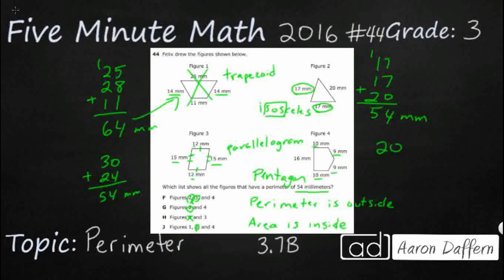Let's double up our 9s, we know that that's 18. We'll add that 16 in there. Let's see what we have here. 8 and 6 is 14. 1, 2, 3, 4, 5. That's 54 millimeters. So it looks like 3 of these are going to work. That's going to be figure 2, figure 3, and figure 4. And so our answer is going to be F.